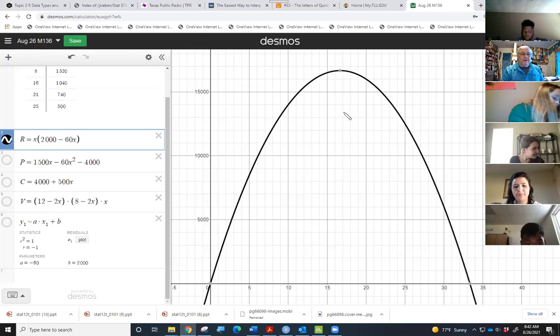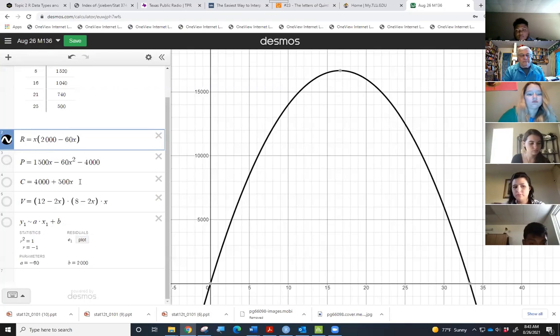Well, the next problem in the textbook says, suppose that, again, my financial people in this company have looked at this computer and at what components I'm using and how long it takes to put the pieces together and what the advertising budget is. And they give me an estimate of what the cost is going to be.